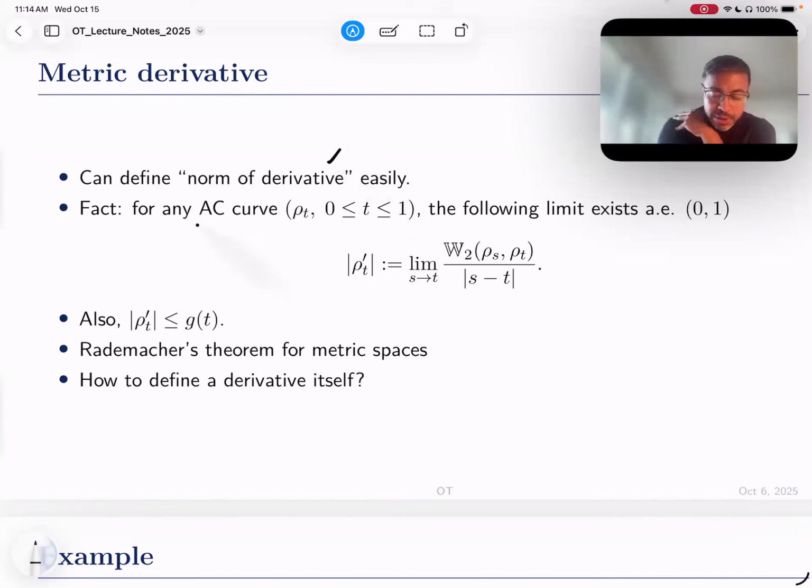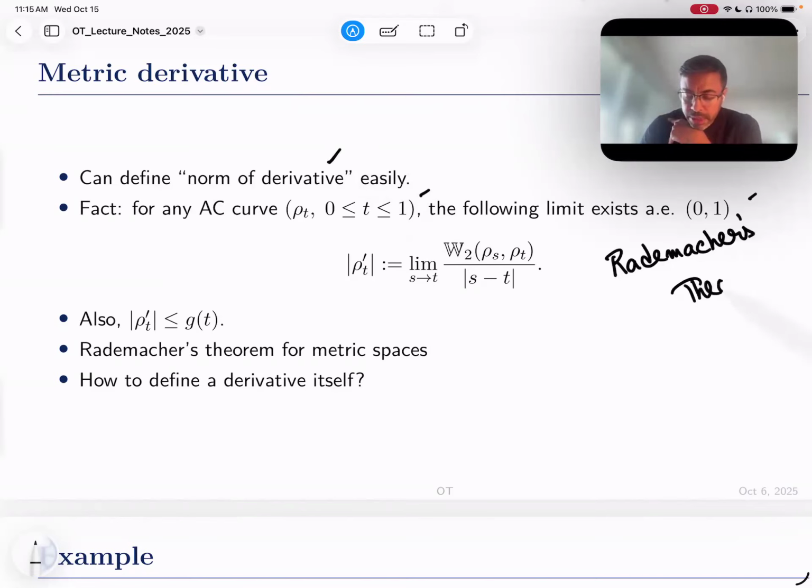For any absolutely continuous curve rho_t, this is a curve of probability measures, the following limit will exist almost surely. This is nothing but a generalization of what is called Rademacher's theorem in abstract metric spaces. So what does it say?